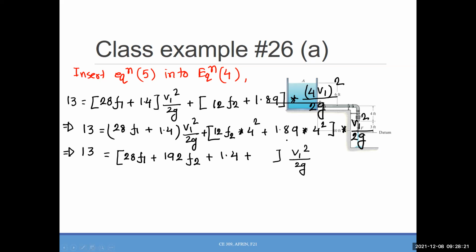Okay, so what is 1.89 multiplied with 16? What is that number? Give me that number. 0.89 multiplied with 16. 3.24. Oh, 30.24.